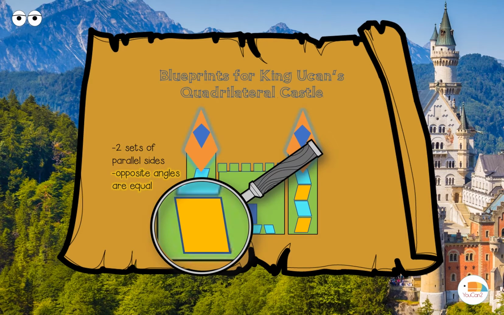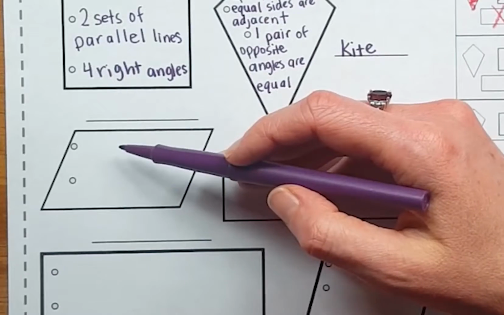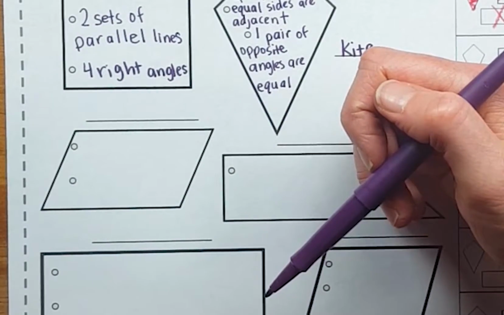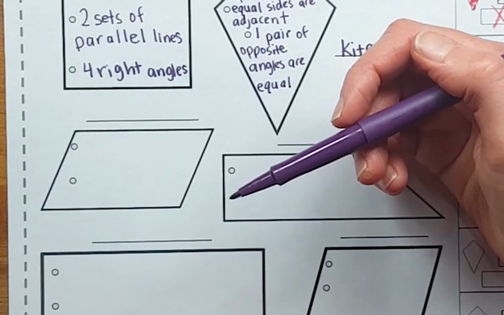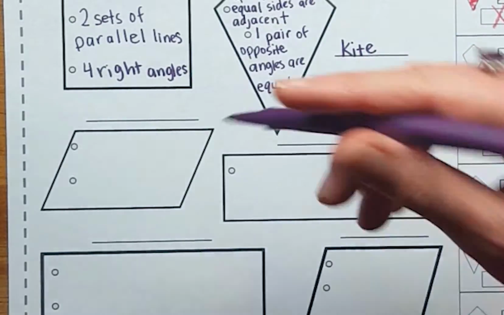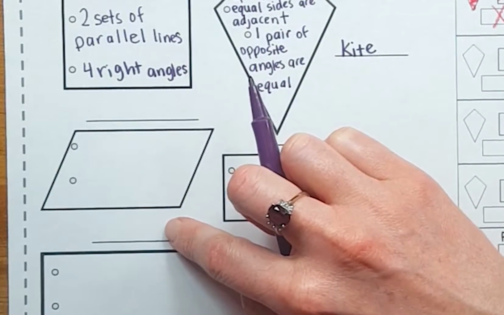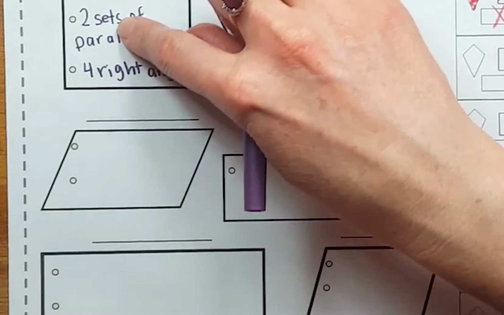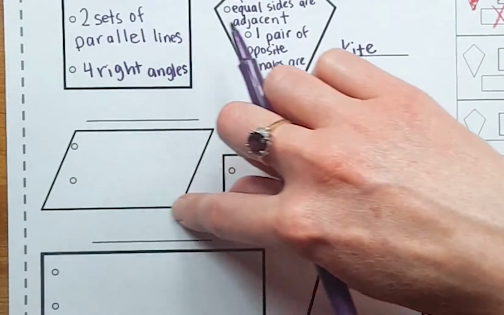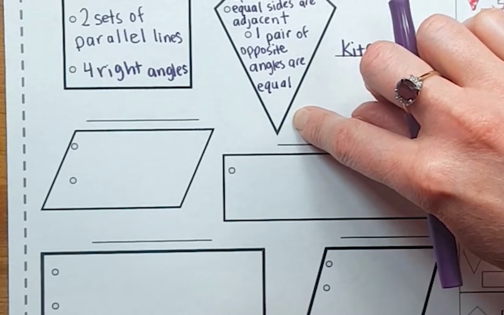What happens if we take a look at the corners? They're not right angles, so it's not a rectangle, but the opposite angles are equal. What are we seeing when we look at this shape? First I want to look at the sides. Well, I'm noticing that it does have 2 sets of parallel lines, or sides. A set going this way, and a set going this way.